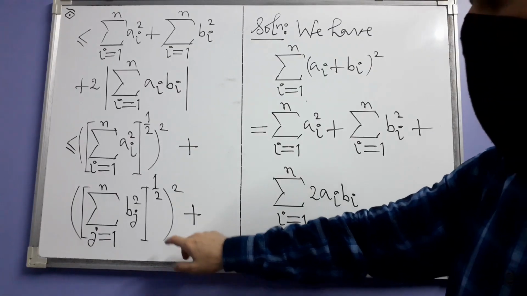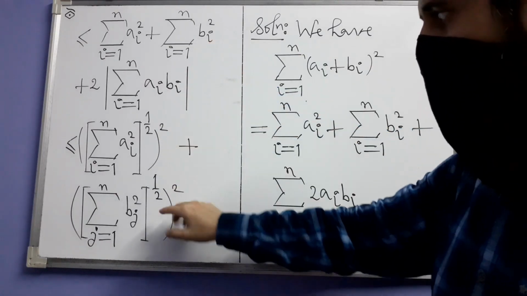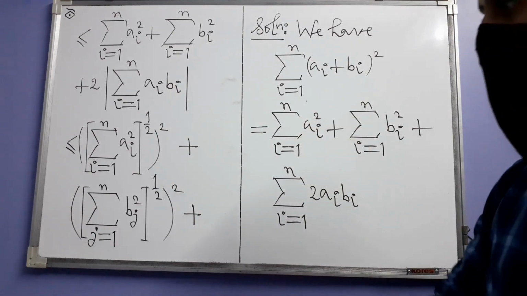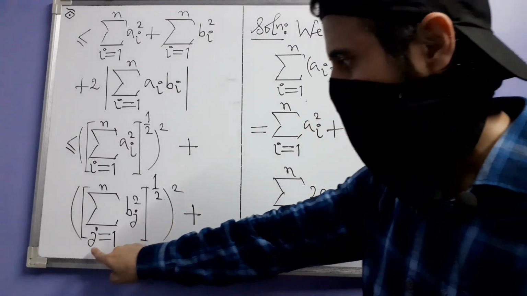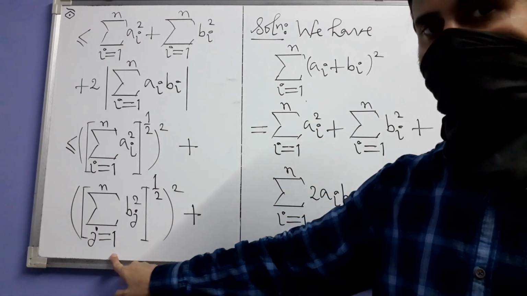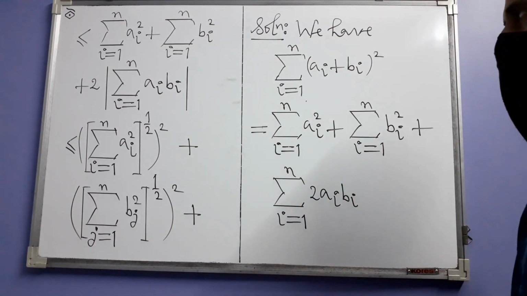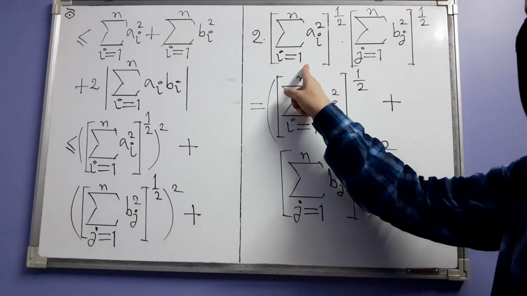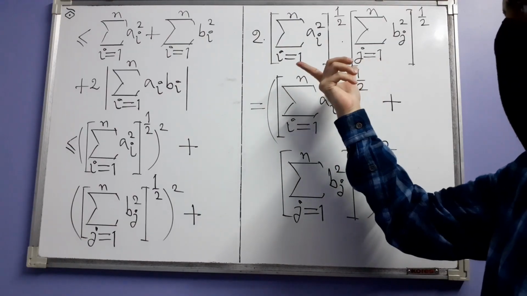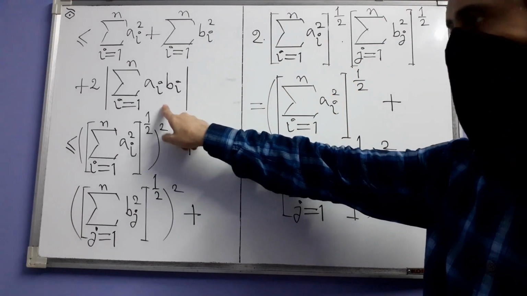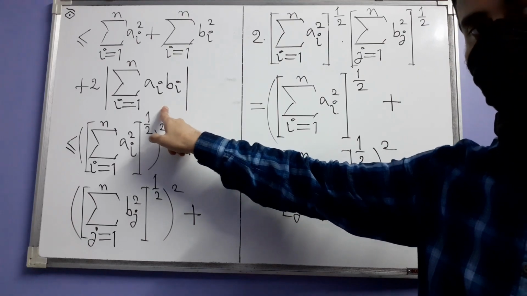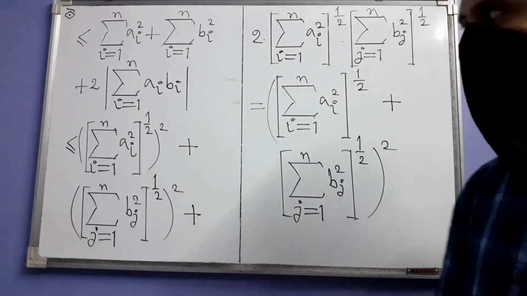Oh, and one more thing. Here, in anticipation of what's going to come next, we are using the index name j in place of i, which we can do, plus this. And this is coming from this term via the Cauchy-Schwarz inequality.